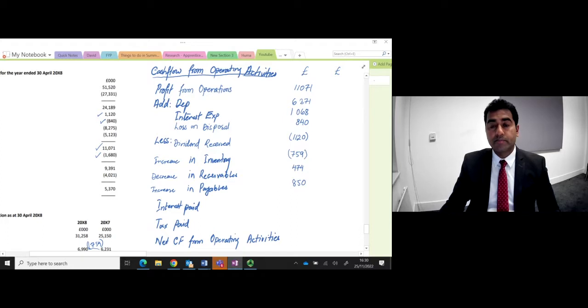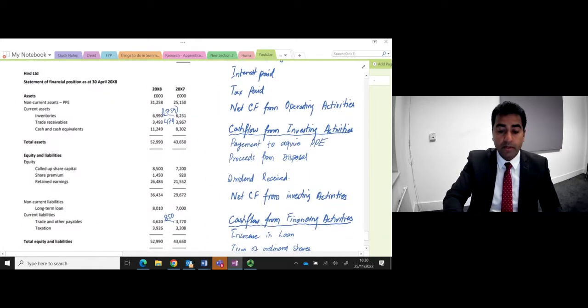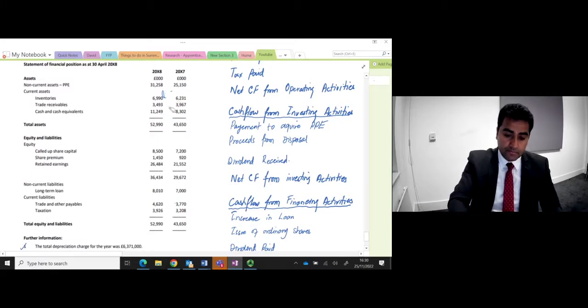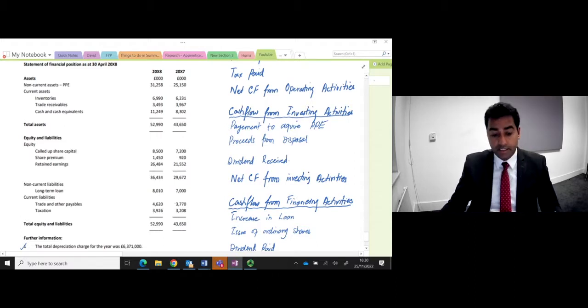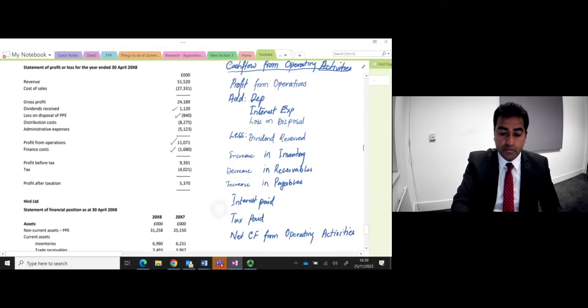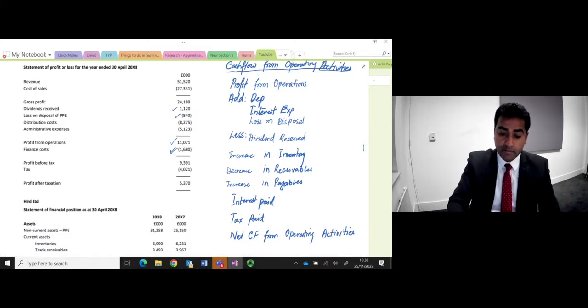Next is the interest paid. So to find out how much exactly interest has been paid, we need to see if there is any opening liability and closing liability of interest. So looking at these figures, I cannot see any opening and closing balance of the interest paid or interest liability. Therefore, it is reasonable to assume that the interest expense which was recorded as an expense is the same amount of interest that has been paid by the business, by Herd Limited.